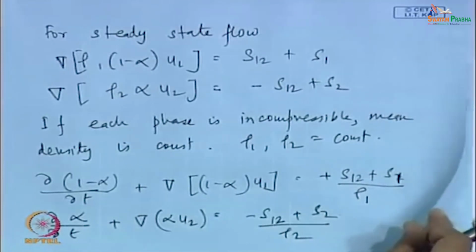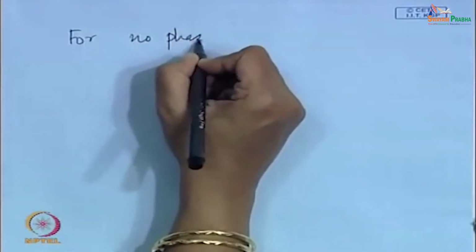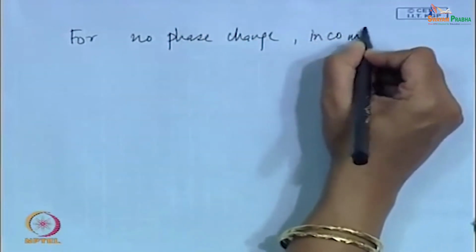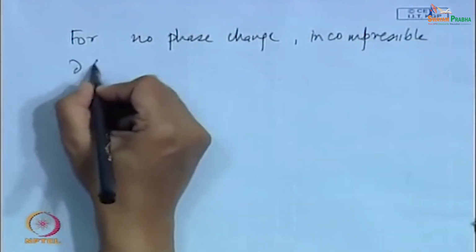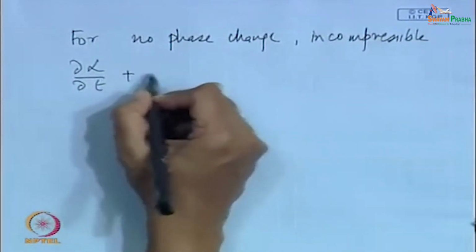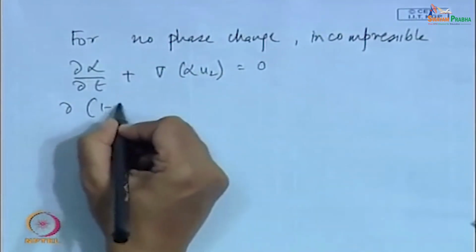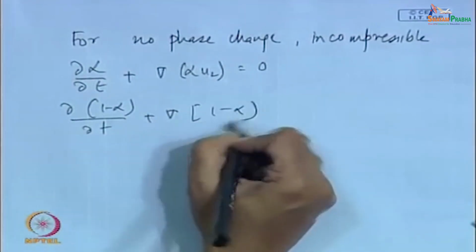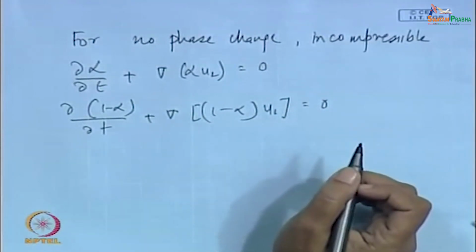And under those circumstances what do you get? We get ∂alpha/∂t plus divergence of alpha u 2 equals 0, and ∂(1 minus alpha)/∂t plus divergence of (1 minus alpha) u 1 equals 0. Got it?